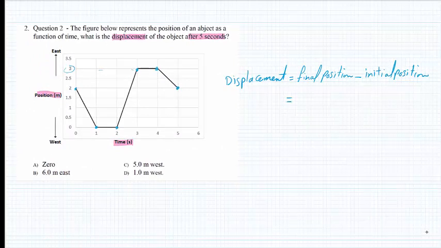If we are moving on the x-axis, we can call it the position final minus the initial position, or xf minus xi.